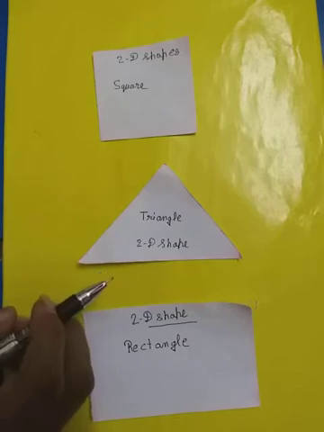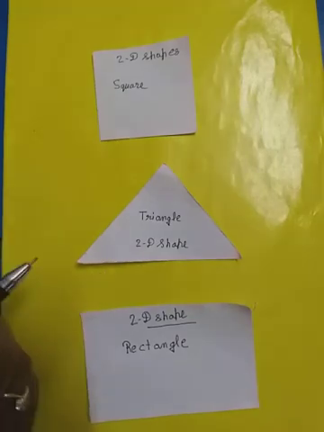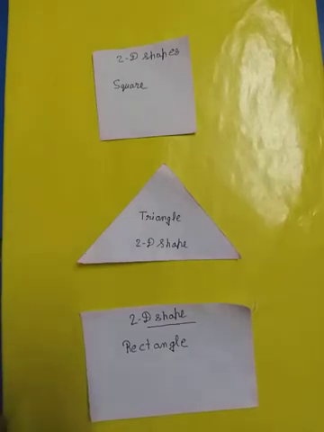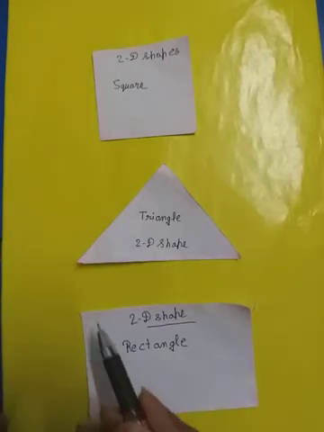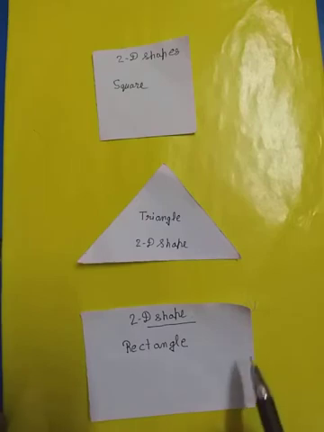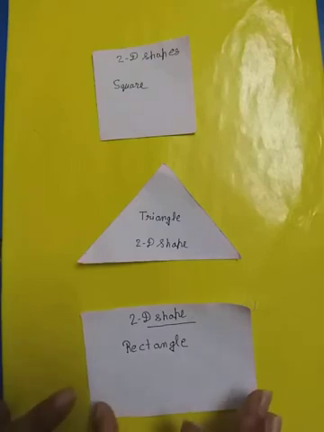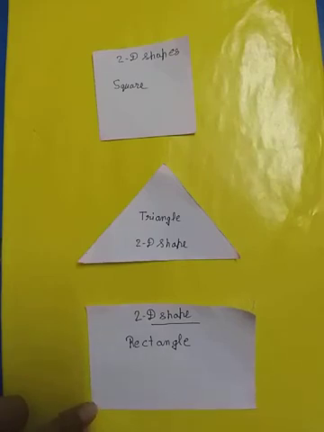That we will study in our higher classes. Now, the rectangle also has 4 sides, but opposite sides of the rectangle will be the same. Opposite sides means front sides.